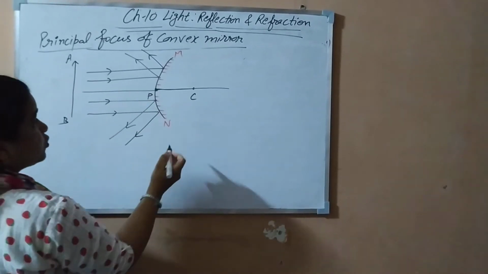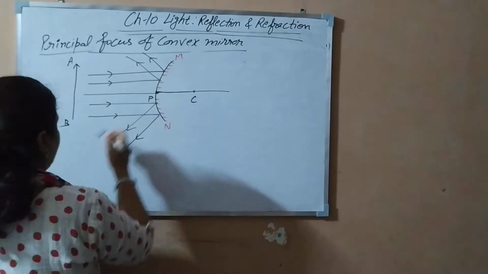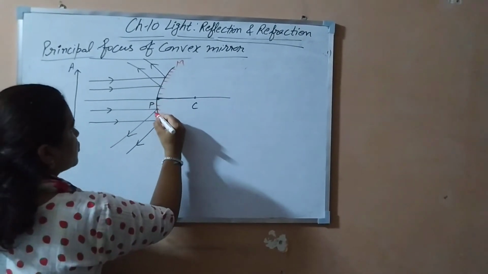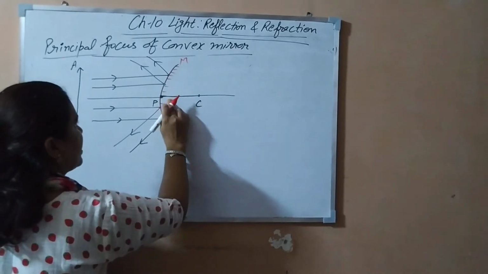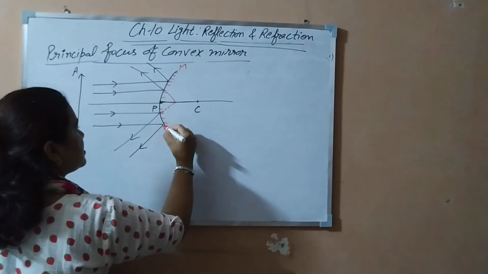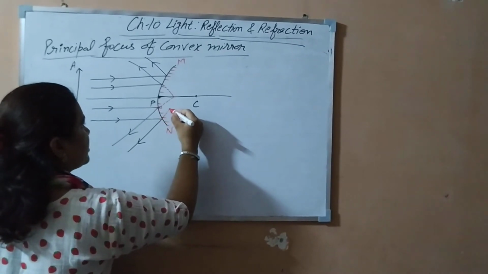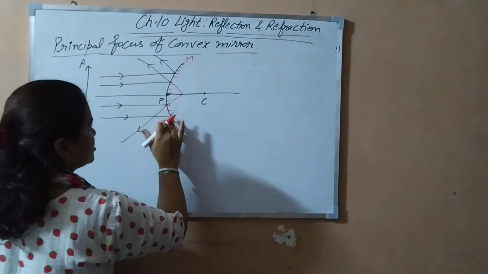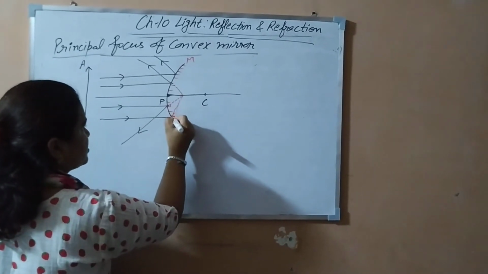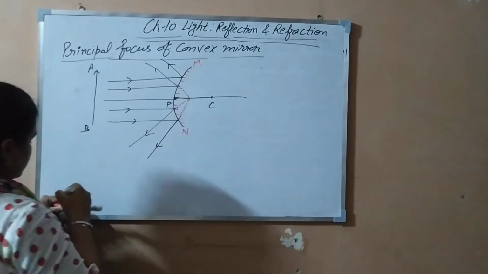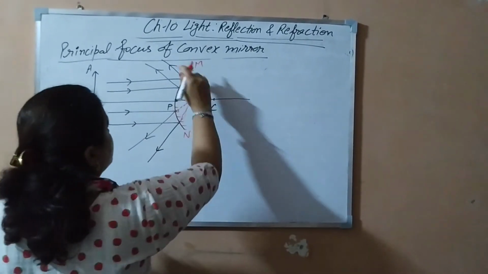When we produce them backward, what would happen? They will appear to come from that point. So we have to produce them straight backward, like this. According to that we have to change this direction also. It should be straight.